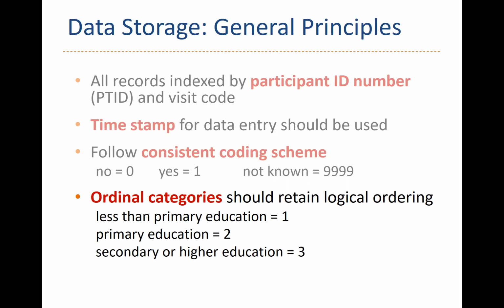So oftentimes I push all of those not knowns or did not answer to much larger values. That gives me space to add in other options without having to go beyond that group of numbers. That's just a trick to use.